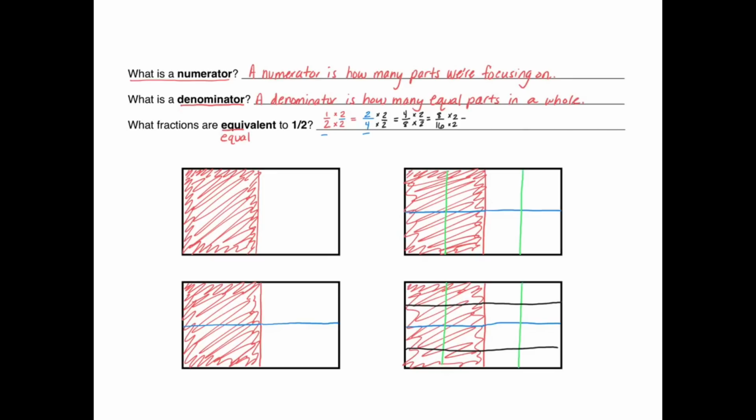We're not doing 2, 4, 6, 8. We're not counting by 2s. We're multiplying 2 times 2, then 4 times 2, then 8 times 2. So we're doubling each denominator. That's different than counting by 2s.